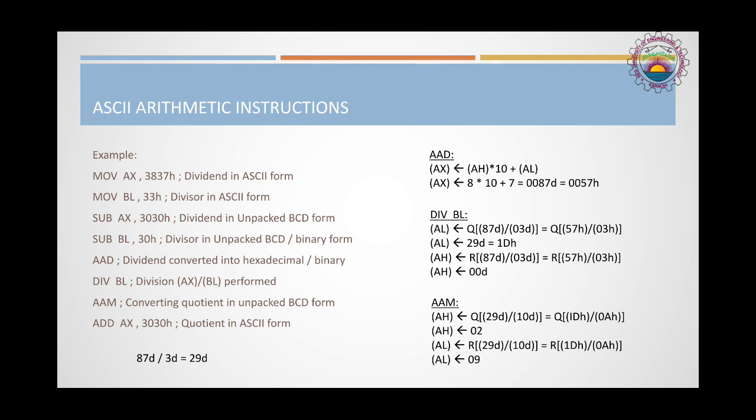So AX is having ASCII of 2 and 9. 32 is the ASCII for 2 and 39 is the ASCII for 9. So your answer is 29 decimal. So if you divide 87 decimal by 3 decimal, you will be having 29 decimal. So that is the answer present within AX register.